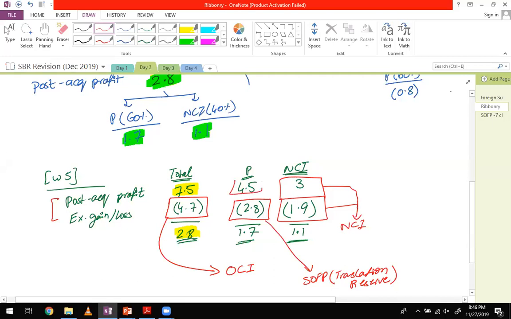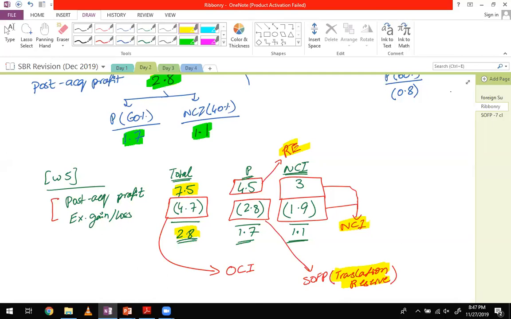But from parents' point of view, 4.5 will go to the retained earnings, and 2.8 will go to the retranslation reserve. So the reserves of the parent is different, but that of the NCI is the same. So this is a working which can exactly tell us what should go where and what belongs to whom.